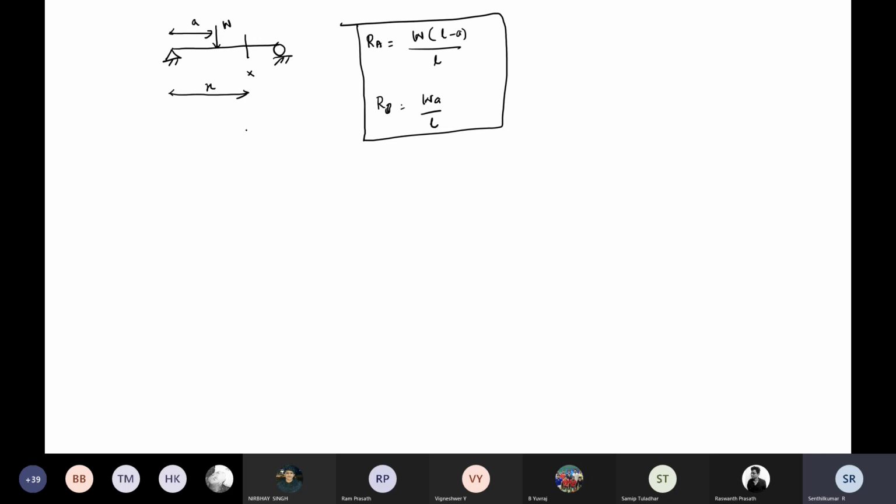Now, I'm just going to find out what my bending moment value is at section X. Again, I'm keeping A less than X. So what will be my bending moment at X?